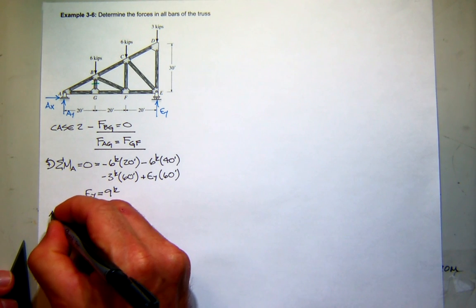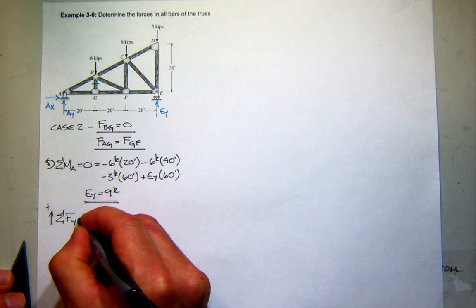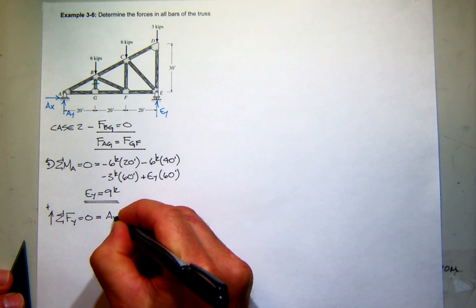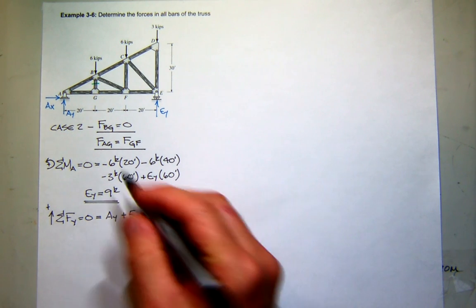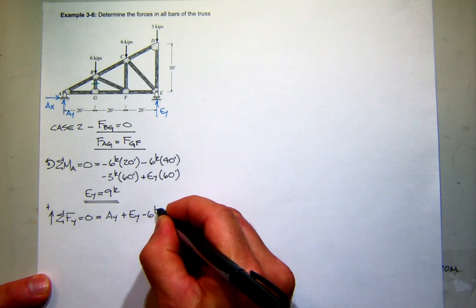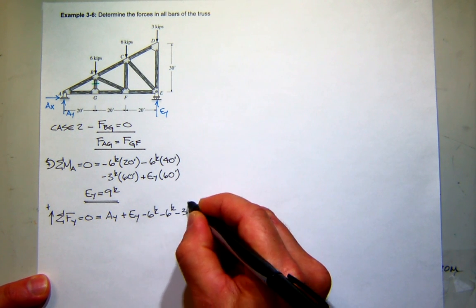So let's sum forces in the Y direction, and we should be able to get AY. So I have AY acting up, and I have my EY also acting up, and then my 3 forces acting down. So that's minus 6 kips, minus 6 kips, minus 3 kips.